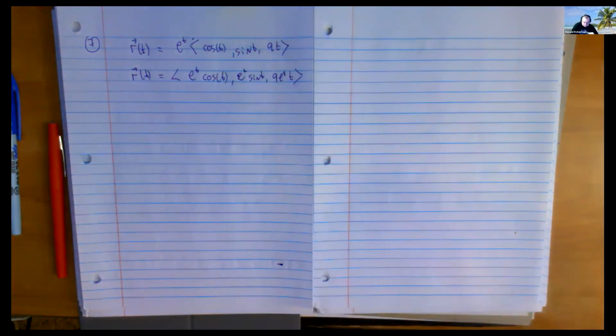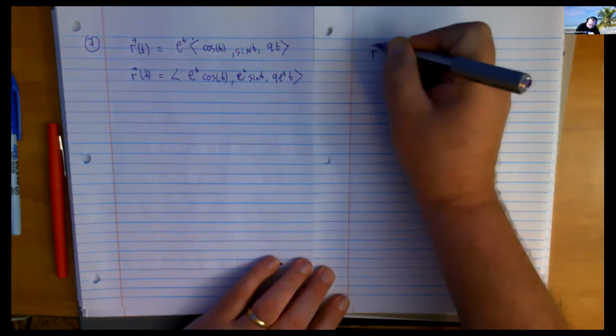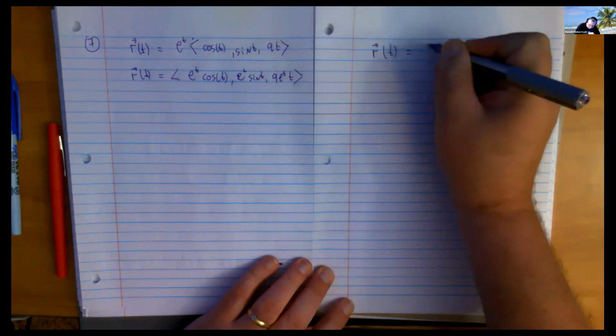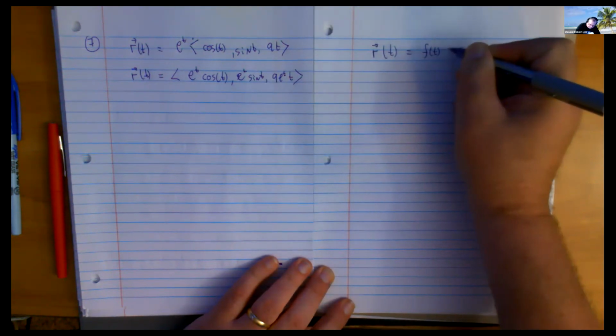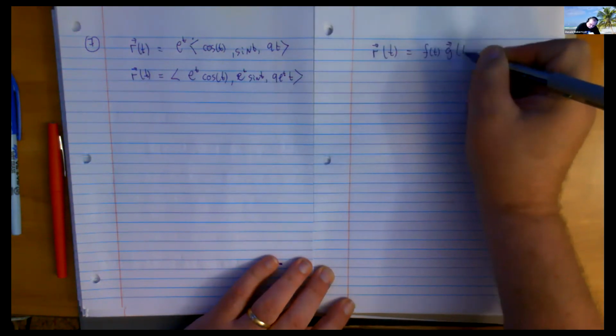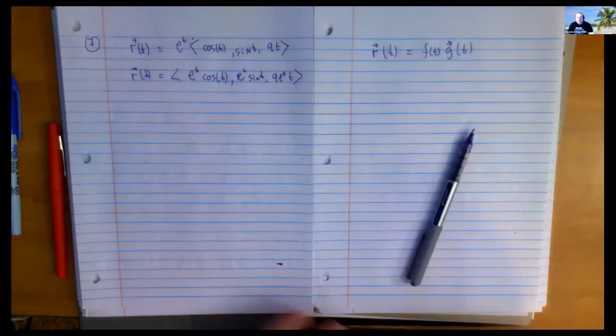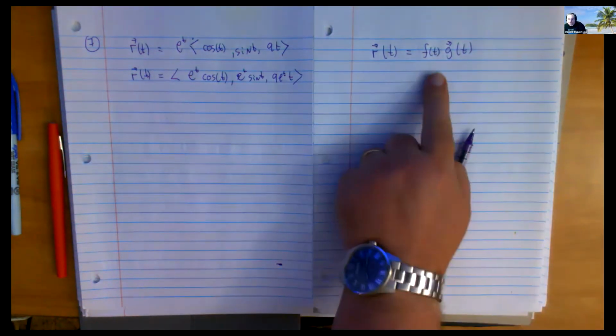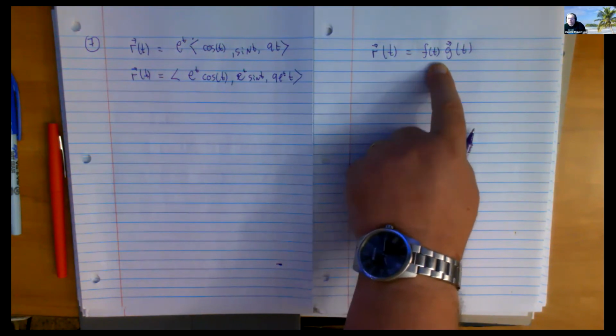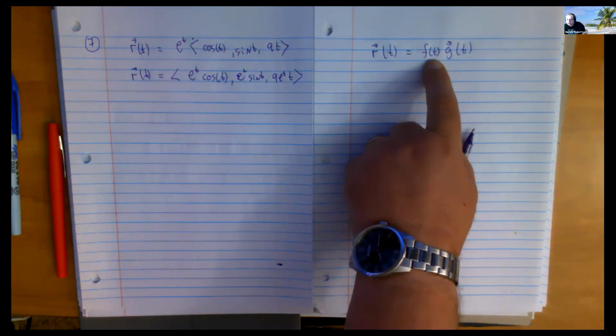You know that'll work fine. There is another way, just to show you. Now it looks slightly weird, and you have to be really careful. f of t is a scalar function, right? It's a one-dimensional function. It doesn't have three x, y, z components to it.